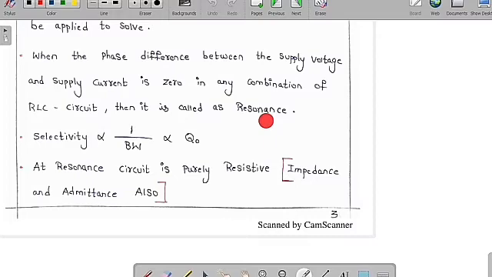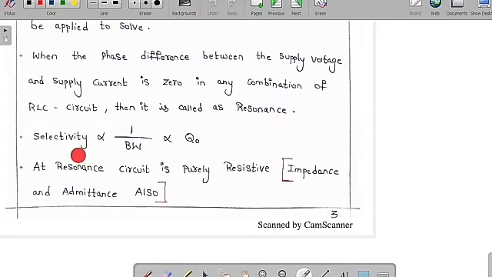One should be of magnetic nature and the other of electric nature. Then at resonance the applied voltage and the current of the source are in phase. We can say simply the circuit is purely resistive. Then only can we say there is no phase difference between the supply voltage and the supply current at resonance.